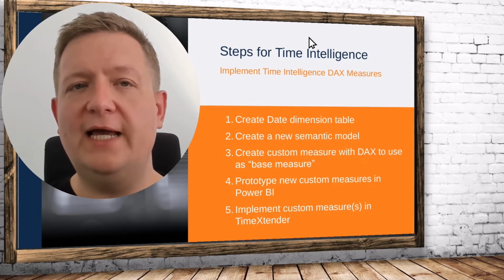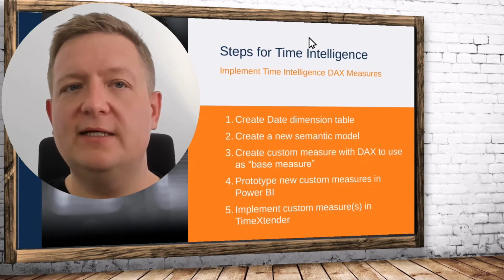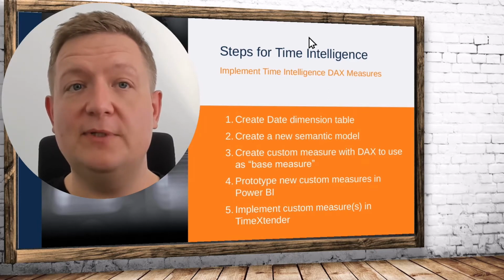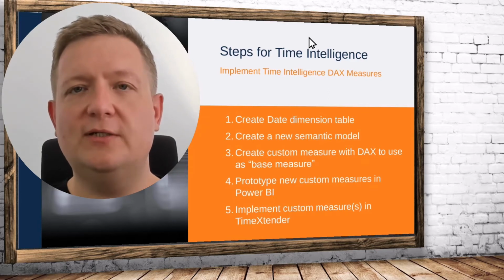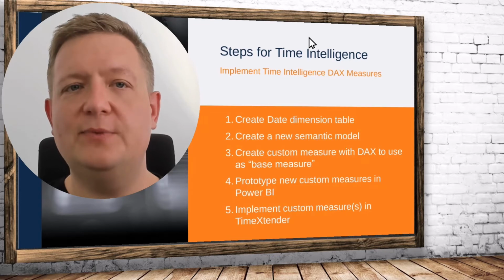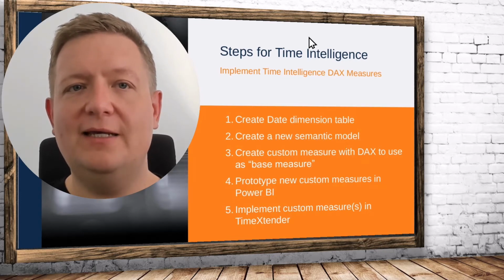Then we will create a custom measure with DAX that we will use as a base measure to connect it to our fact table. With this base measure, we will prototype the actual time intelligence variance of those measures in Power BI.